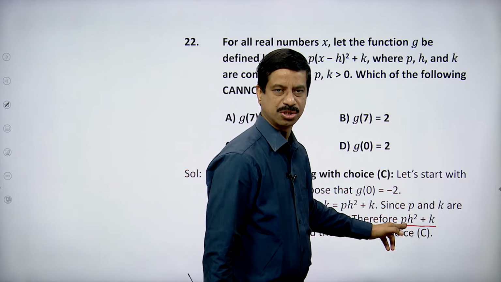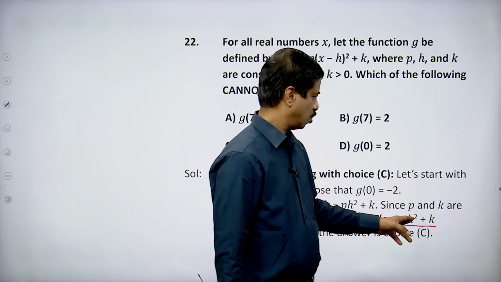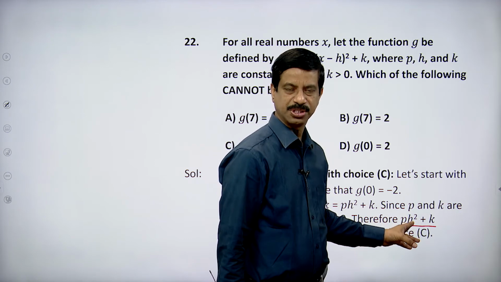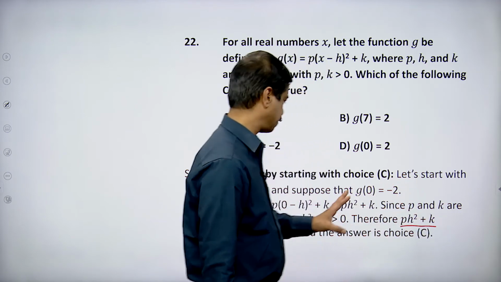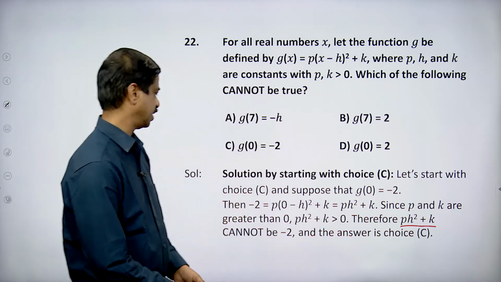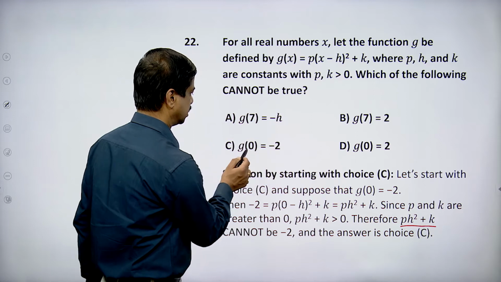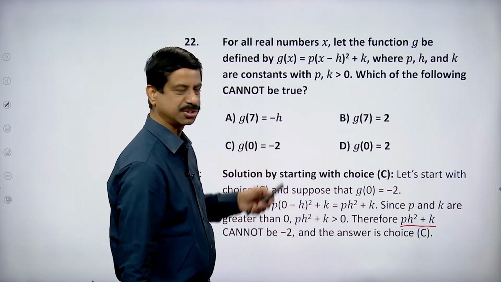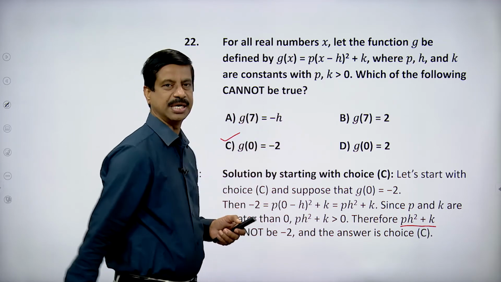So h square is also positive. H may be positive or negative, it does not matter. Whole square is always positive. Positive into positive is positive. Positive plus positive is also positive. That means this is greater than 0. So g of 0 we are getting positive here. But he says minus 2 negative, which is not possible. So what cannot be true is this.